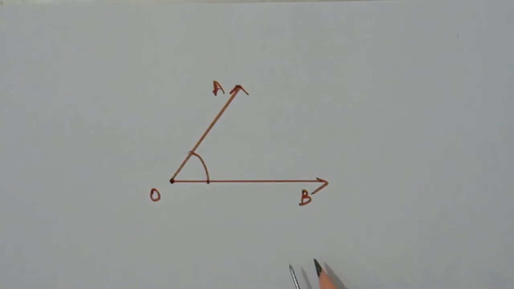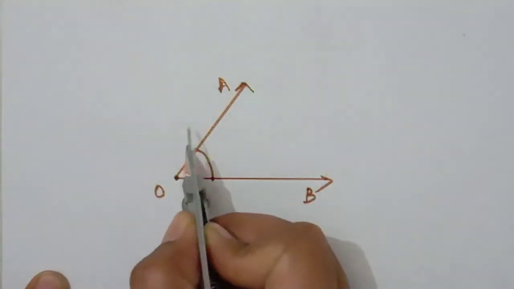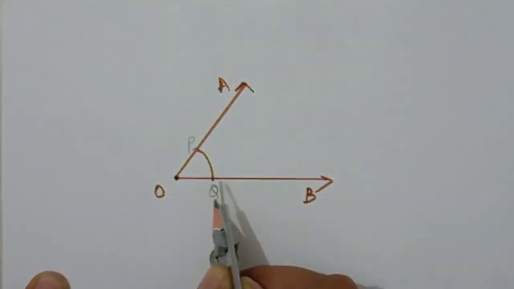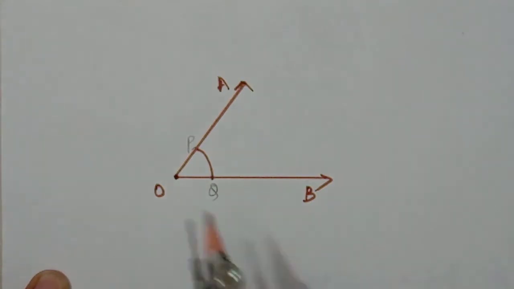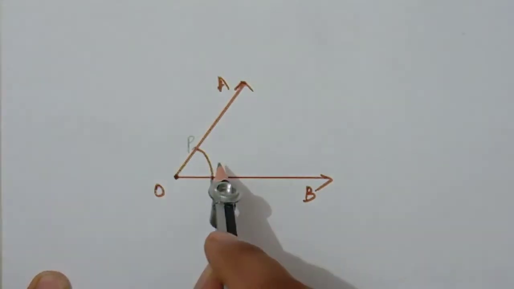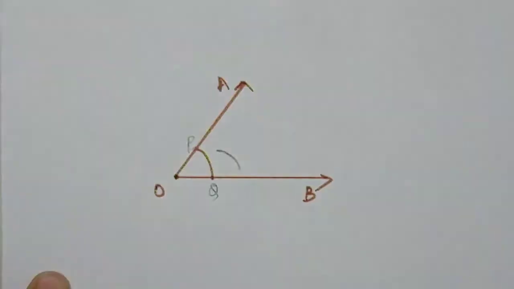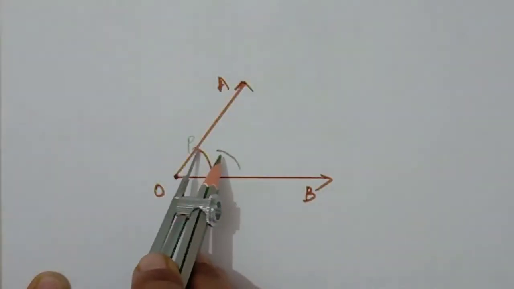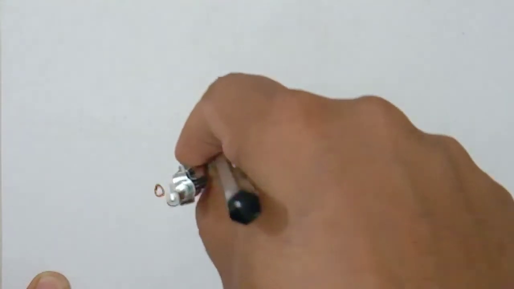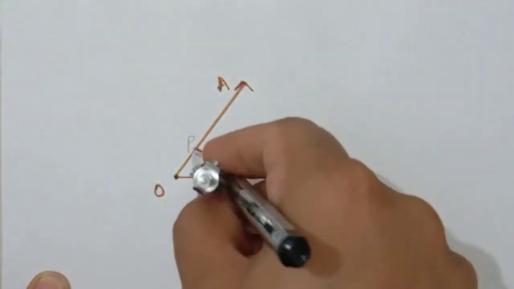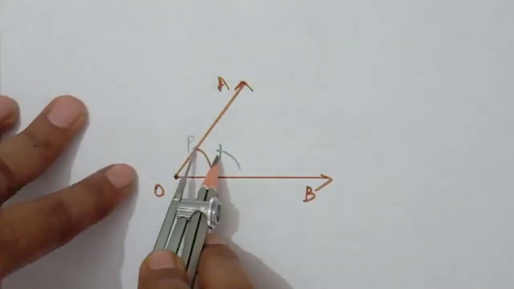Then how we will draw the angle bisector? We will take these two endpoints of the arc of this angle as P and Q. I will take Q as a center and draw an arc like this. Then I will take P as a center and draw the second arc like this.